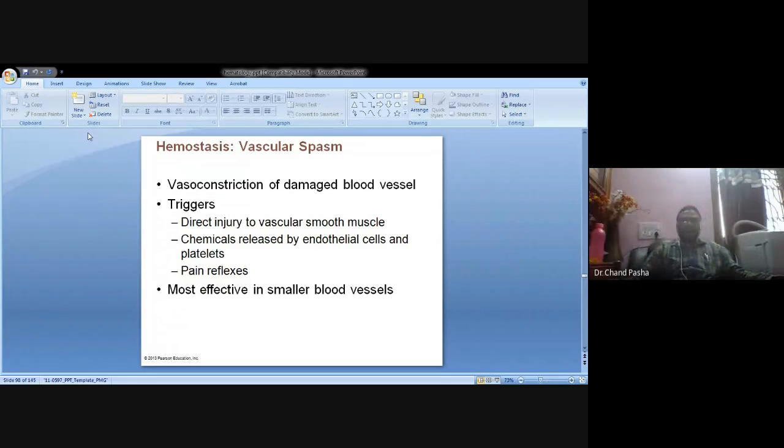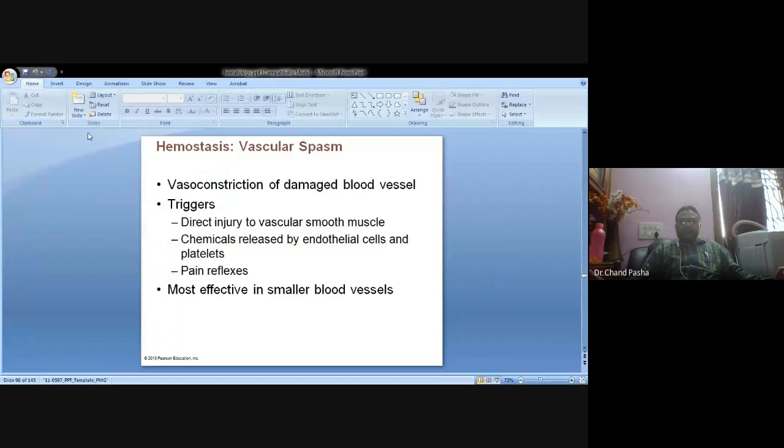The inner lining is called endothelial cells. So the endothelial cells, smooth muscle cells, and platelet cells release signals, and even pain also. Smooth muscles plus endothelial cells plus platelet cells and pain give signals to the muscles for contraction. So the muscle contraction takes place, then vasoconstriction takes place.